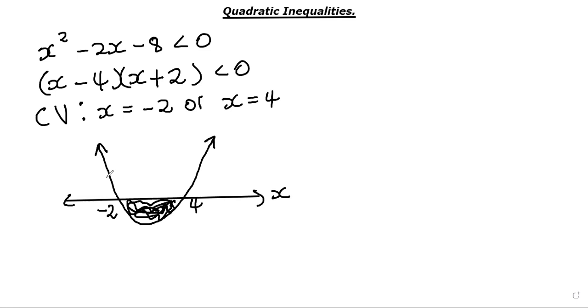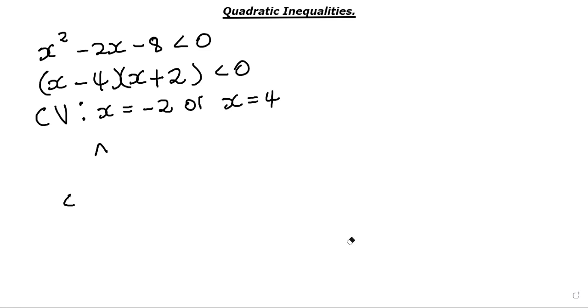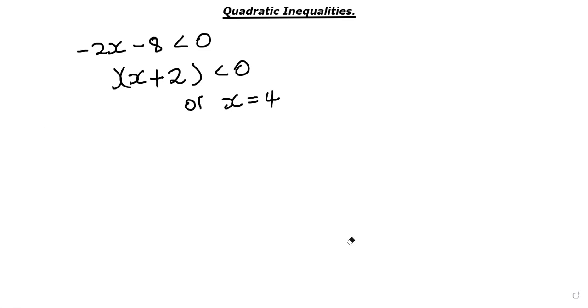We can see it's below the x-axis between -2 and 4. So you'll say x is less than 4 but greater than -2. Alternatively, you can say it's any value of x from -2 up until 4. And once again, you are happy. Yeah, I see you're smiling. It's nice.